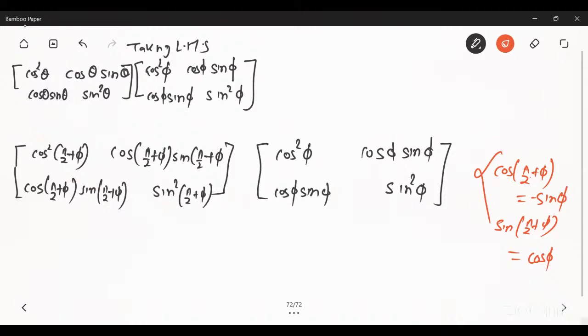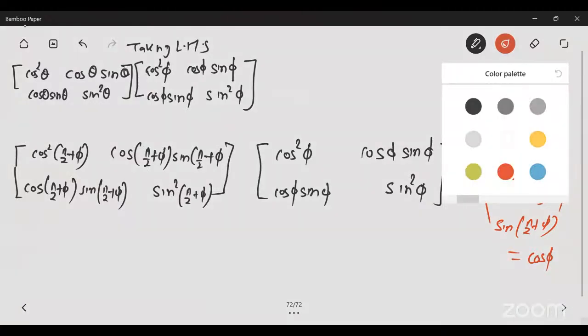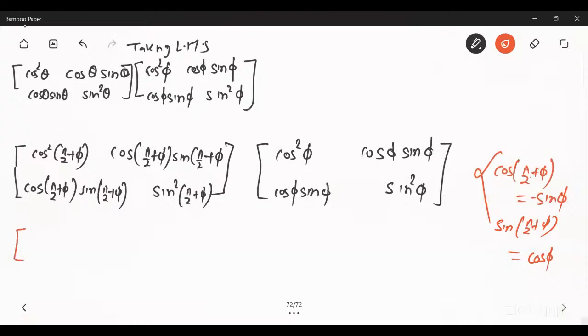So on solving, you will get sin square phi, minus cos phi sin phi, minus cos phi sin phi, and cos square phi.